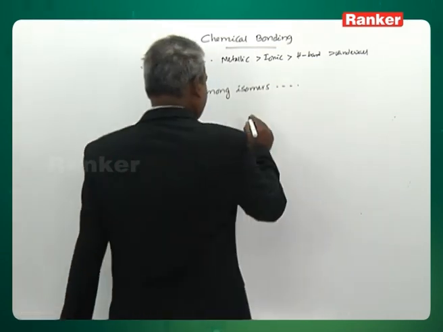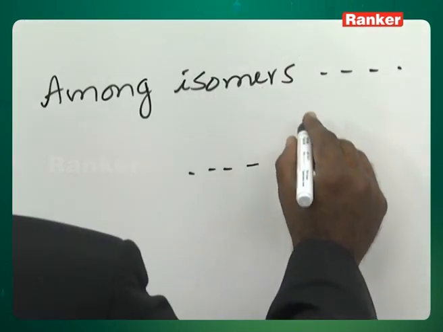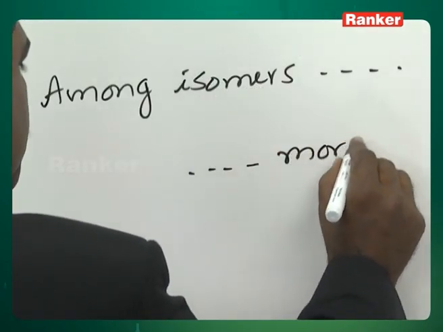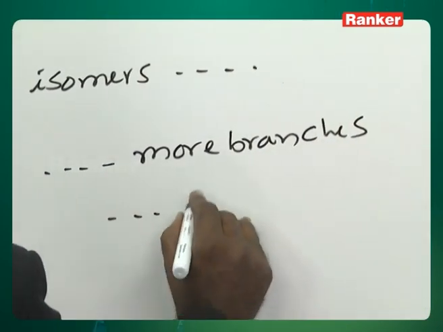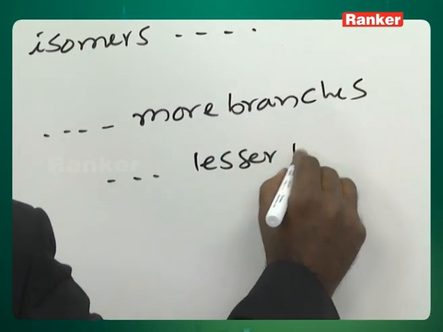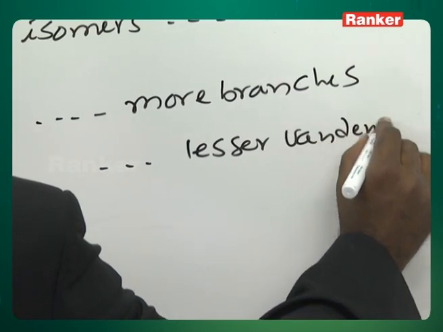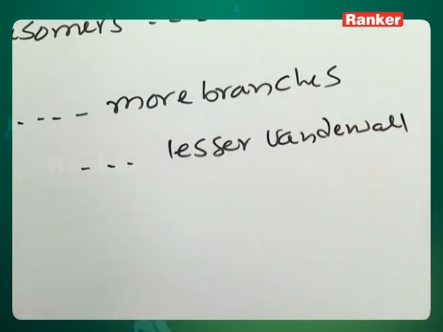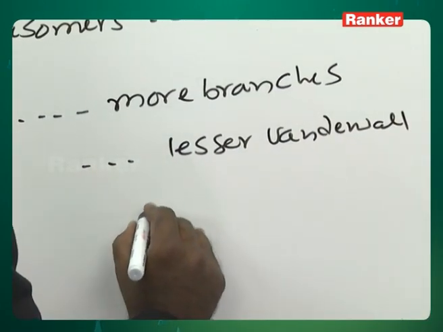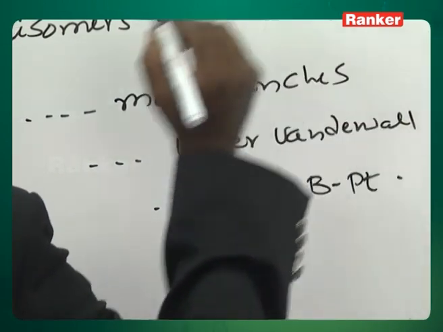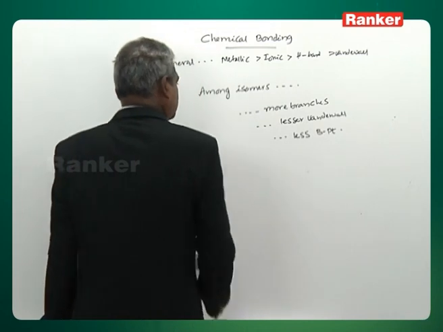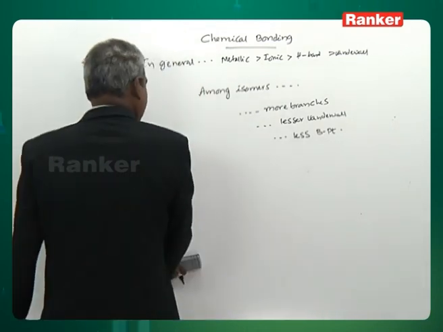So among isomers, more branches means less van der Waals force of attraction. Whatever be the reason, let us not go into those details. Less van der Waals, less boiling point. Among isomers, more branches, less boiling point.